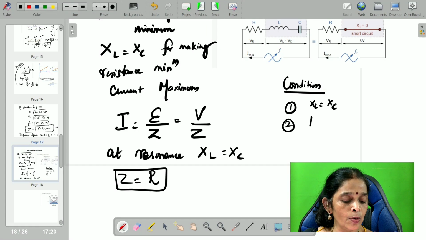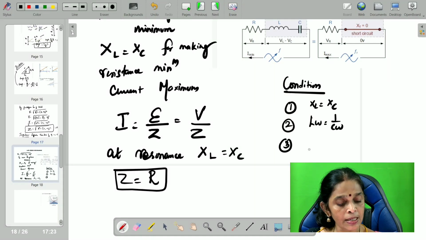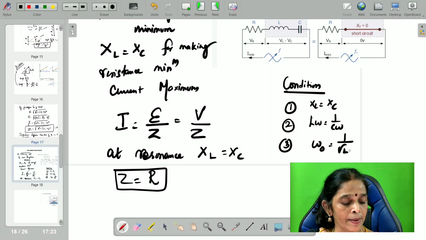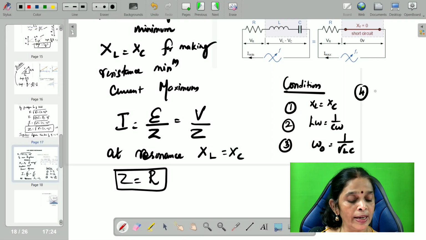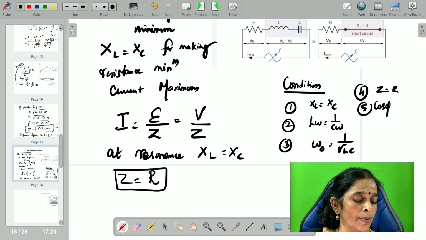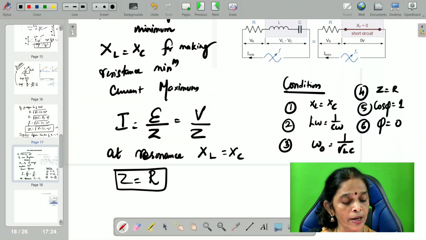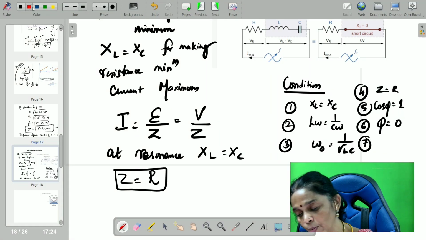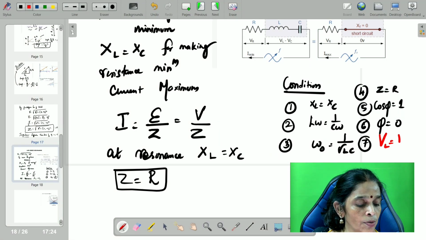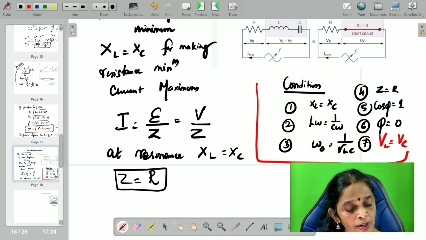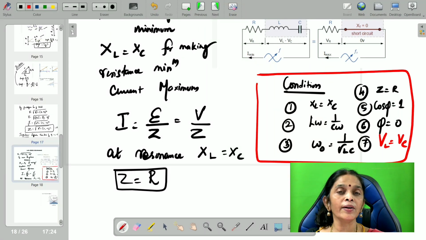Number 2, L omega is equal to 1 by C omega. Number 3, omega square is equal to 1 by LC, or omega is equal to 1 by root LC. Number 4, Z is equal to R. Number 5, cos phi is equal to R by Z, so that is equal to 1. Number 6, phi will be equal to 0 degree. Number 7, which is very, very important to know, VL is equal to VC. So these are the 7 conditions for the circuit to be at resonance.